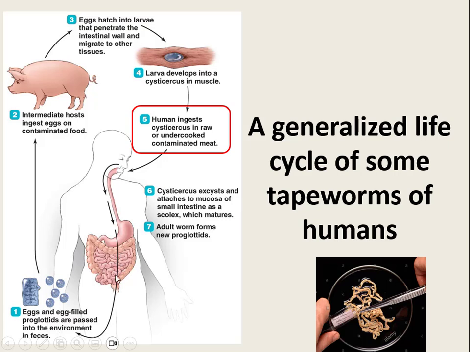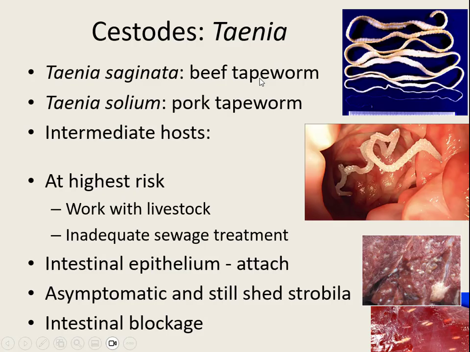From there, it will start to make those proglottid segments. It will start to feed off of what's in our digestive tract through absorption, and it will constantly lay eggs. Eggs will leave with the fecal matter, and then it starts the whole life cycle over again, as if, say, a farm animal eats contaminated fecal matter that has those eggs in it.